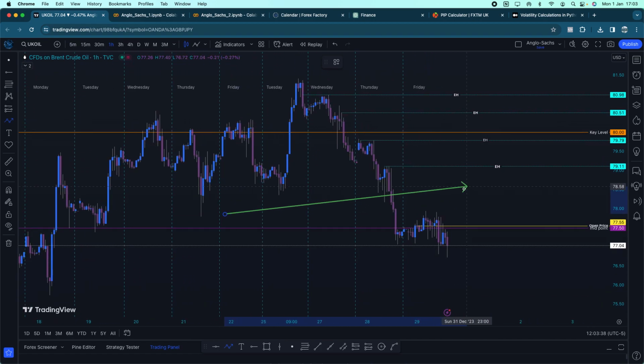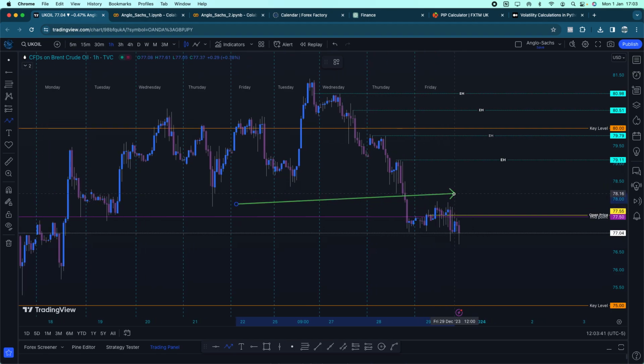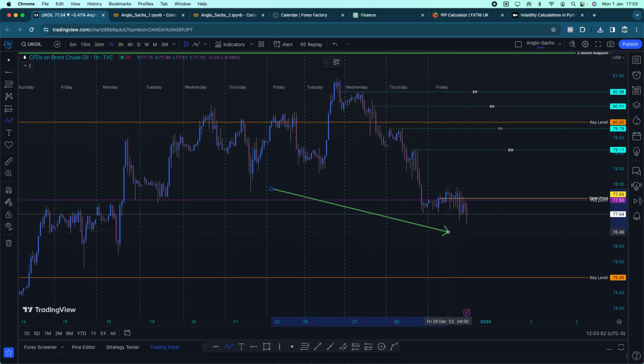This short video just highlights that that's still my forecast for 2024: I'm still expecting crude oil to trade higher, so trade above this key level and start to see daily closes above it, which is 80, so $80 a barrel.